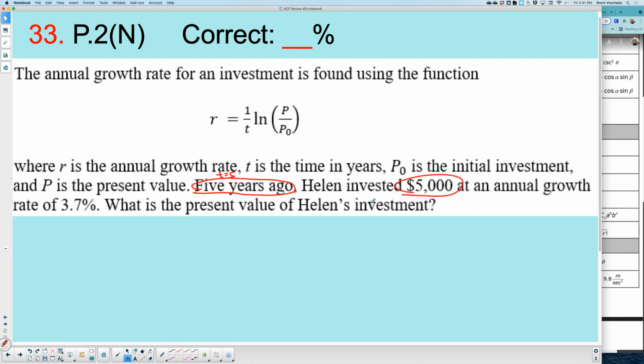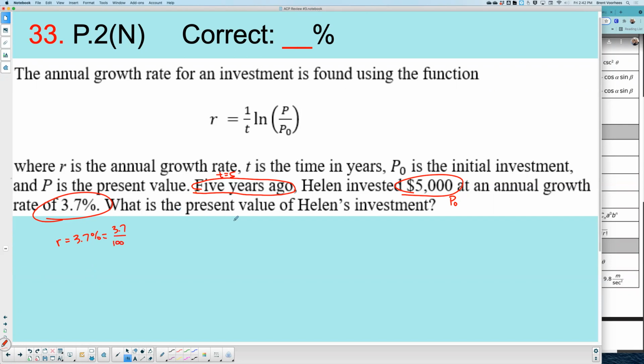If it's 5 years ago, that would be the original or the present value? Original, so P0. And an annual growth rate of 3.7%. What's that going to be? R is 3.7%, or we could say that is also the same thing as 3.7 divided by 100.